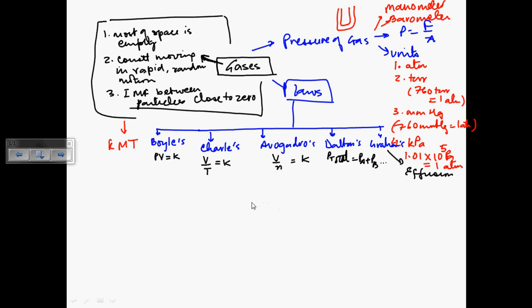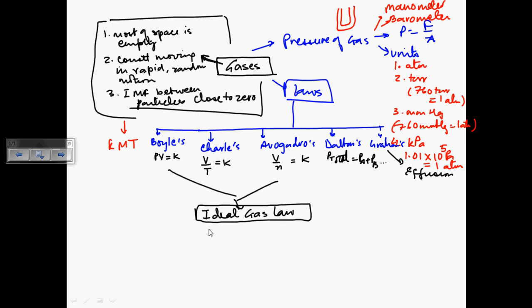So the first 3 laws combine together to give the ideal gas law. Ideal gas law applies to ideal behavior of gases, but please note that only a few gases exhibit ideal behavior under normal pressure and temperature.